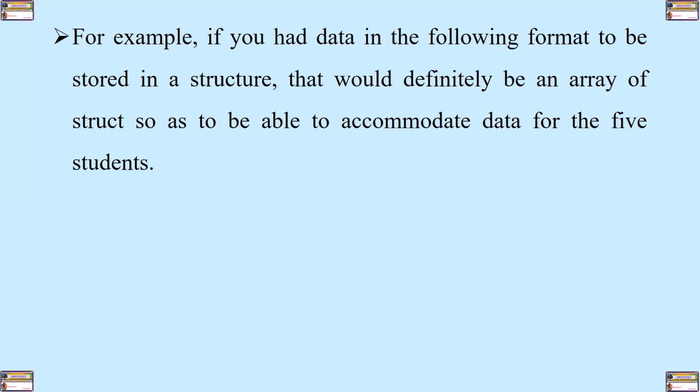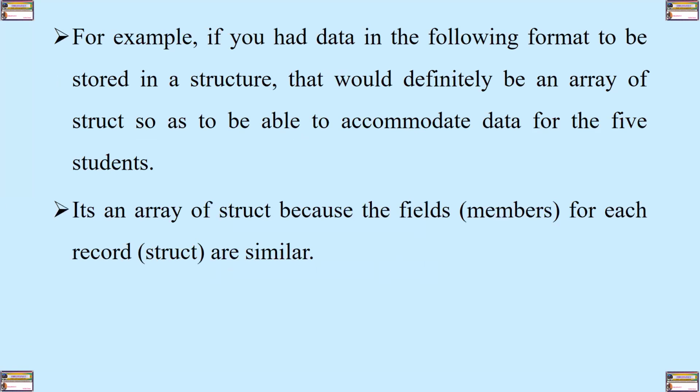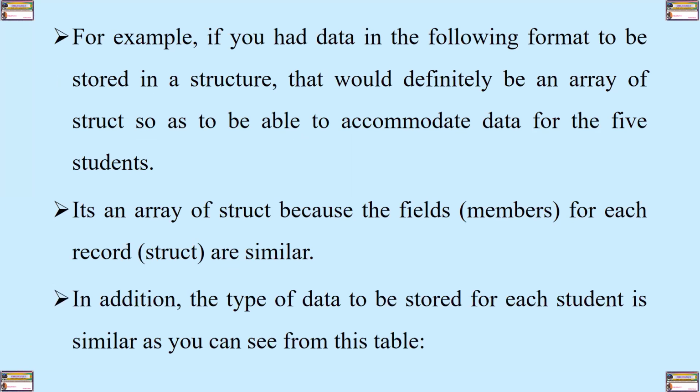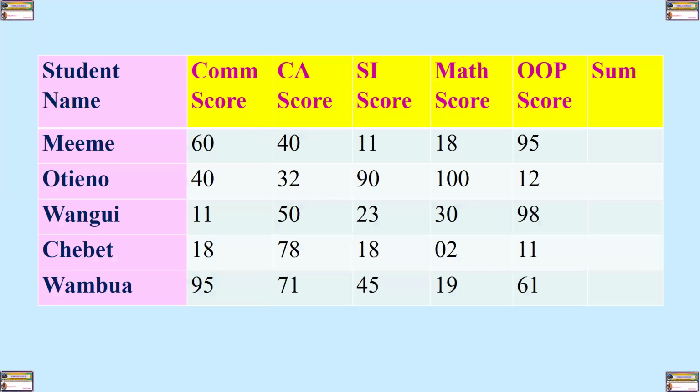So, for example, if your data in the following format is to be stored in a structure, that will definitely be an array of struct, so as to be able to accommodate data for the 5 students. It's an array of struct because the fields or members for each record or struct are similar. In addition, the type of data to be stored for each student is similar, as you can see from this table.